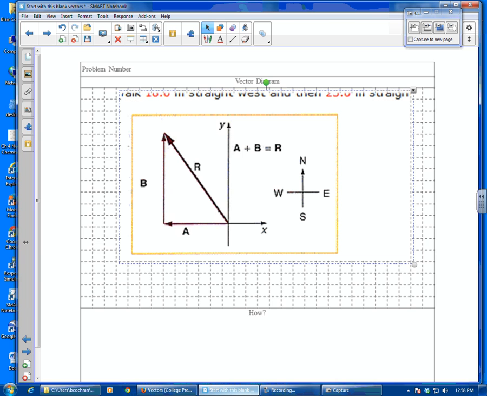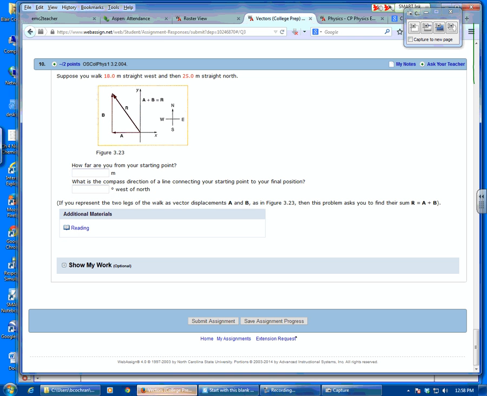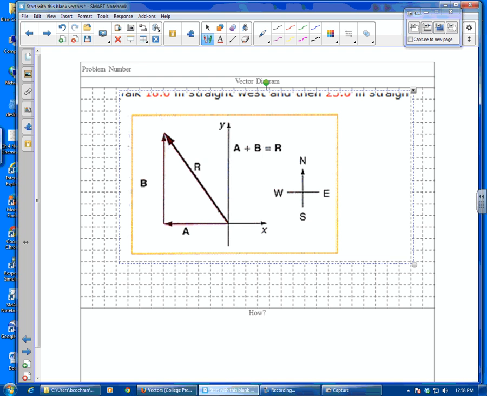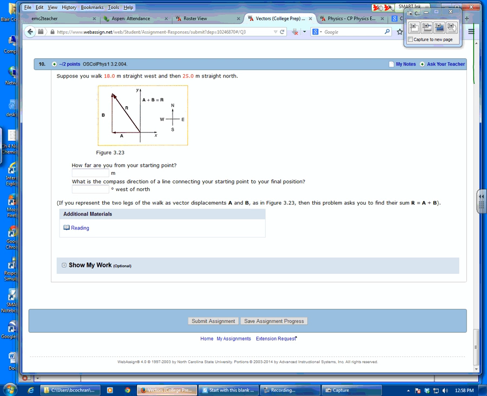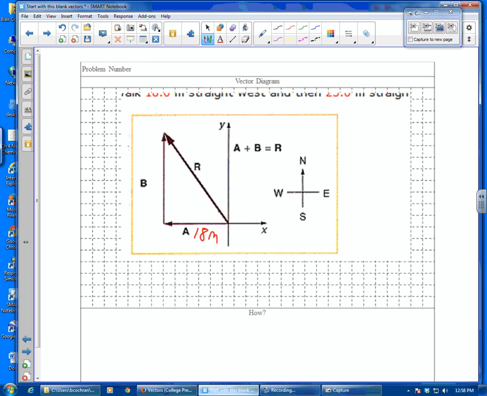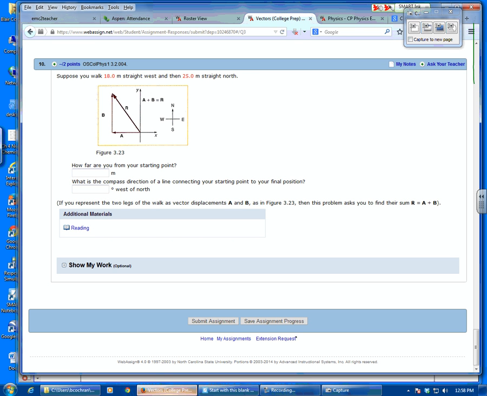So facts that they tell me. They tell me my vector west is 18 meters. My vector north is 25 meters. They want to know how long my displacement vector is, which is my vector r.